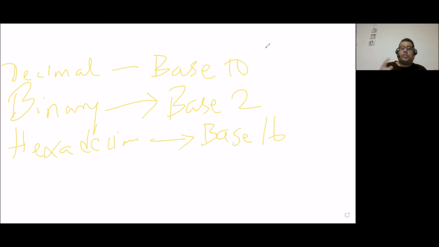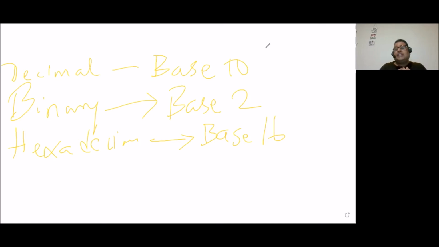So think in the decimal world. You start from 0 through to 9. The 10th value is represented by a combination of 1 and 0 because you don't have any other number to represent it.